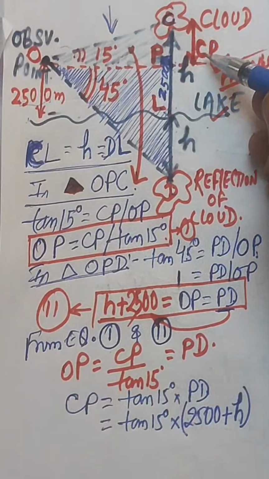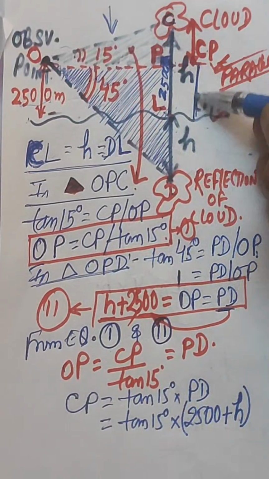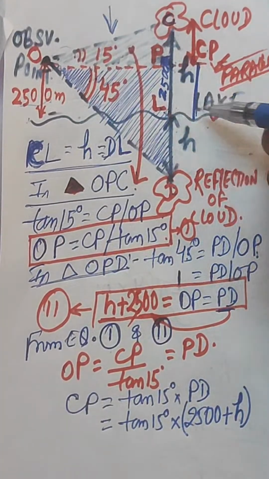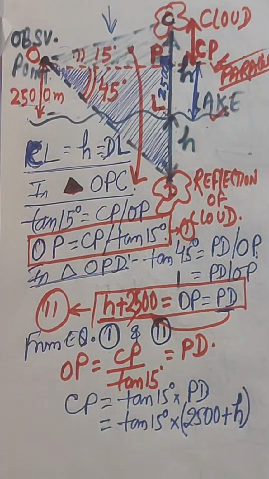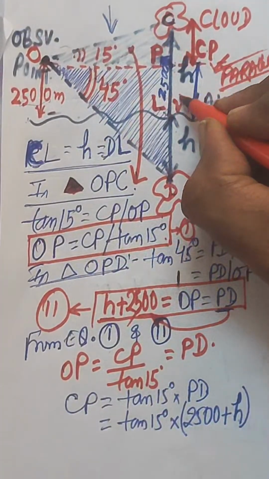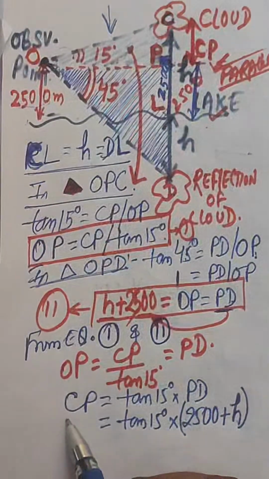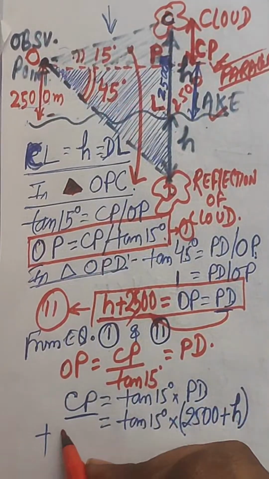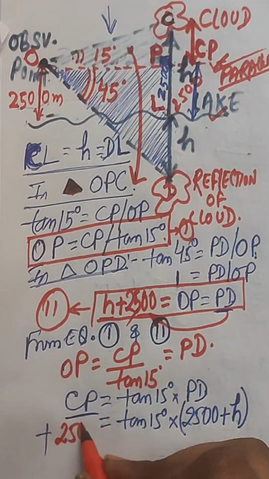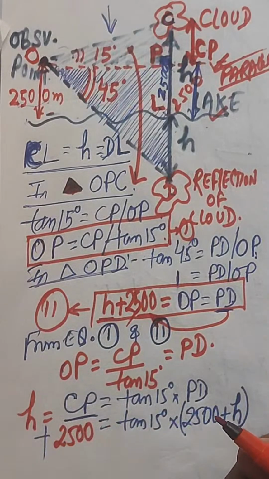So from this CP, if you add this length of 2500, this will be giving you the height of the cloud.